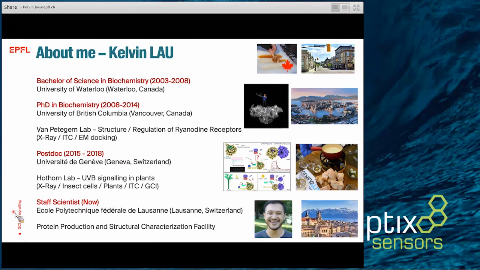There was an urgent need to validate and also determine certain interactions that we could not see using traditional methods such as ITC or even by more simple methods like pull downs. And now once again I'm at EPFL.